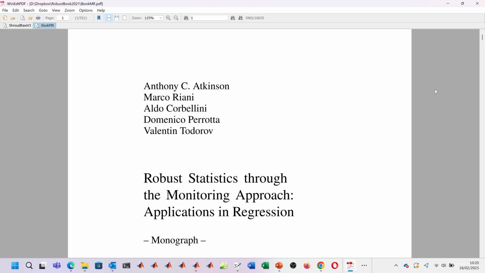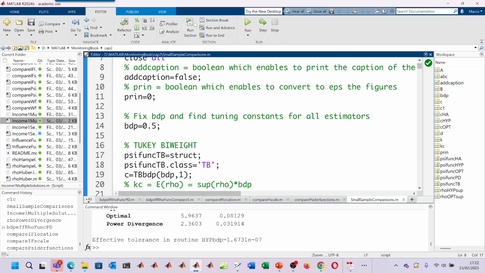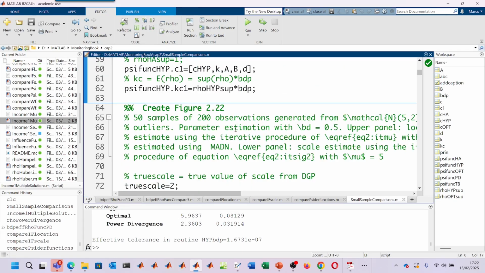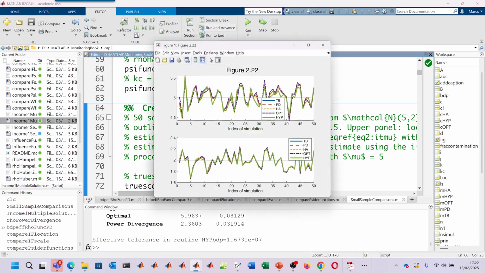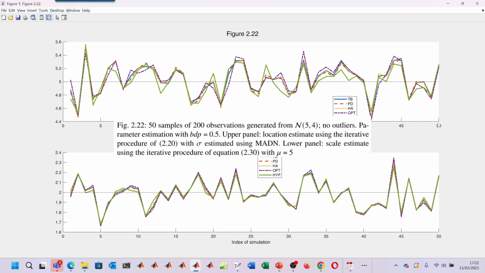We've used simulation to find out what happens when we do not know the values of some of the parameters that we are trying to make inference about. First of all, we want to see how the different estimators behave when no outlier is present in the data. Here we consider a simulation study with 50 replicates, and each replicate is based on a sample of 200 observations coming from the normal distribution with mean equal to 5 and standard deviation equal to 2.